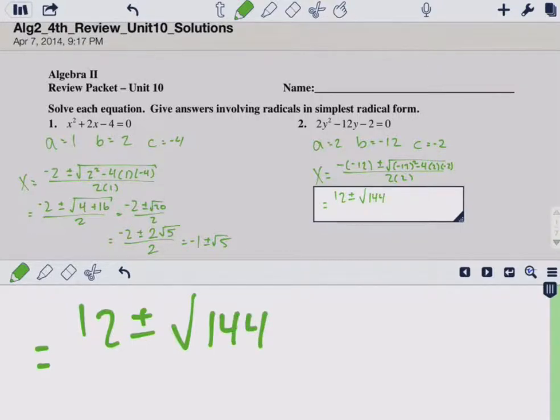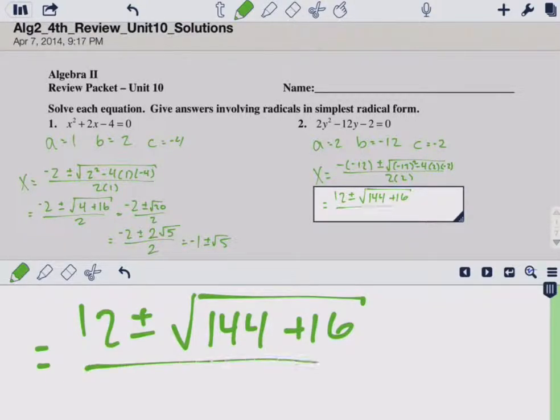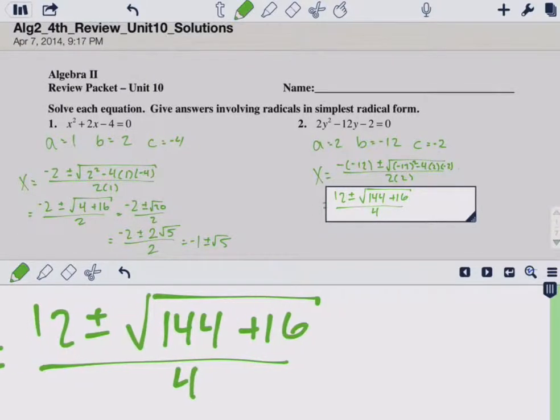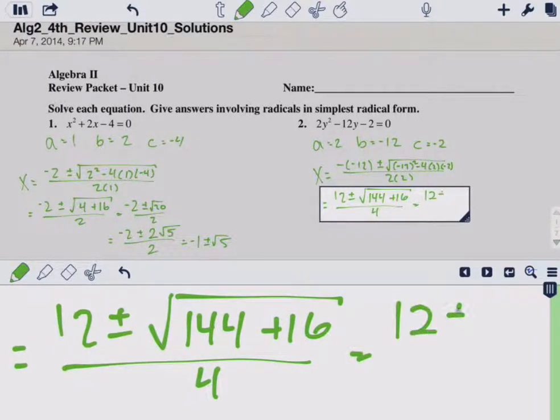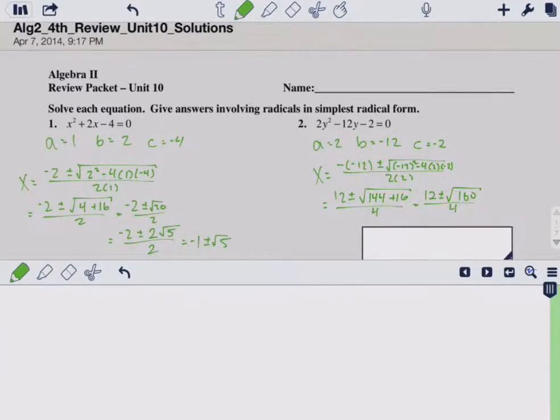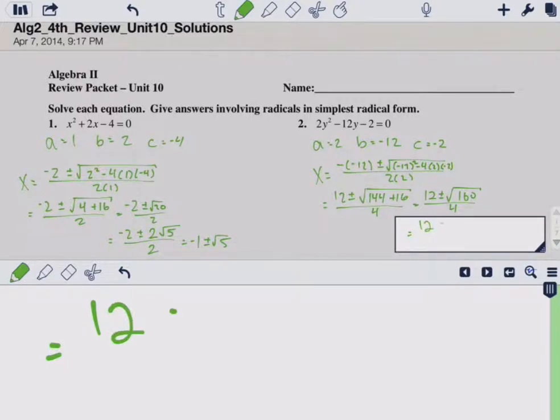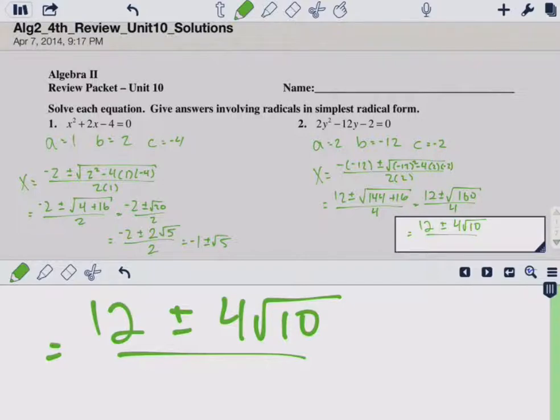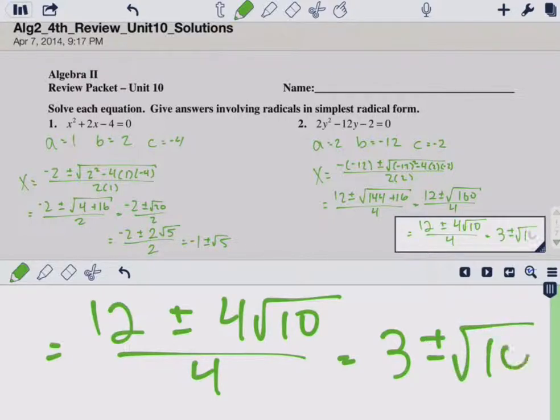Negative 4 times 2 times negative 2 is positive 16, over 4. So that's 12 plus or minus the square root of 160 over 4. 160 is 16 times 10. The square root of 16 is 4. Can't take the square root of 10. And then we get 3 plus or minus the square root of 10 is our answer.